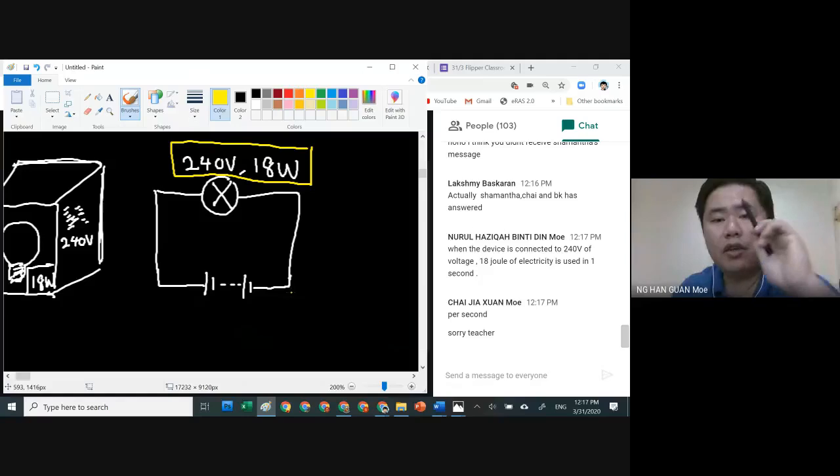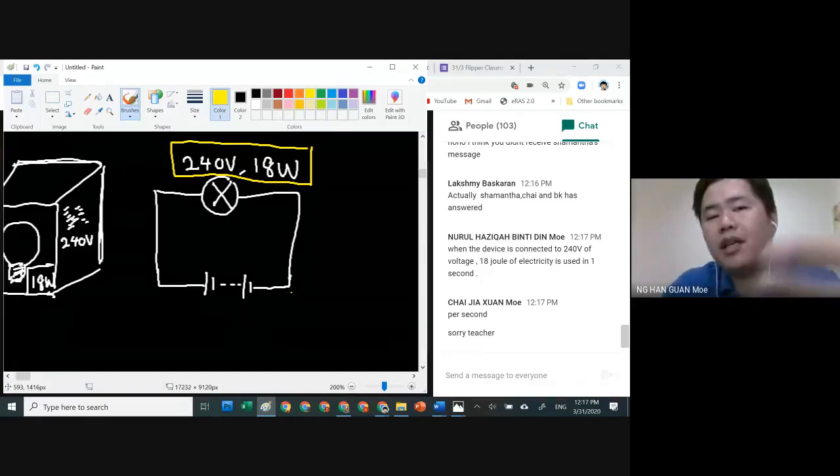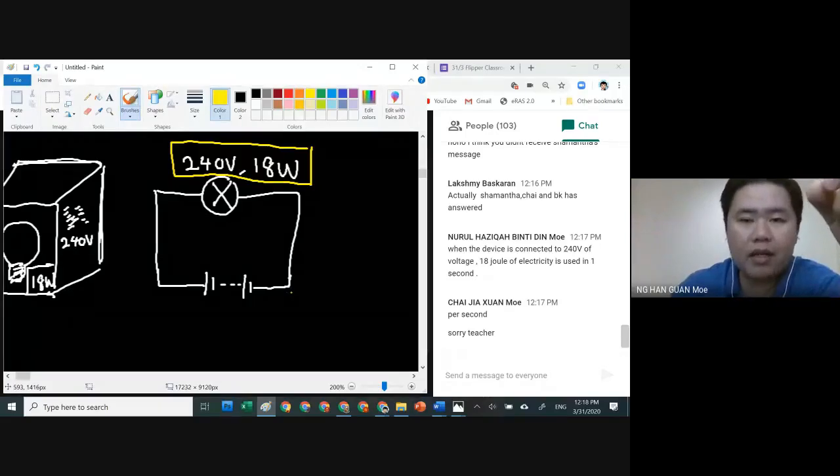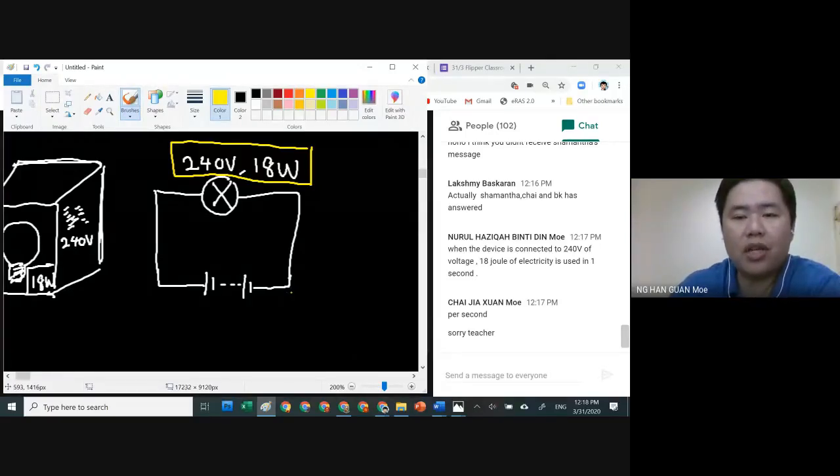So for sure, if you try to answer the definition or the meaning of this power rating, if you say it like this, when the power supply is 240 watt, the power is 18 watt, then you get 0 marks. Because if you say so, you are only doing Google Translate.